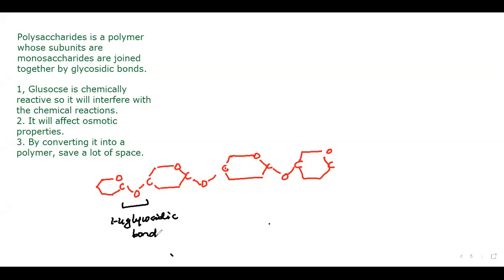This one straight chain of my alpha glucose, we call it amylose, right? So we are going to have alpha glucose molecules joined together with each other, making the bond between carbon number 1 and carbon number 4 that we call alpha 1,4 glycosidic bonds.